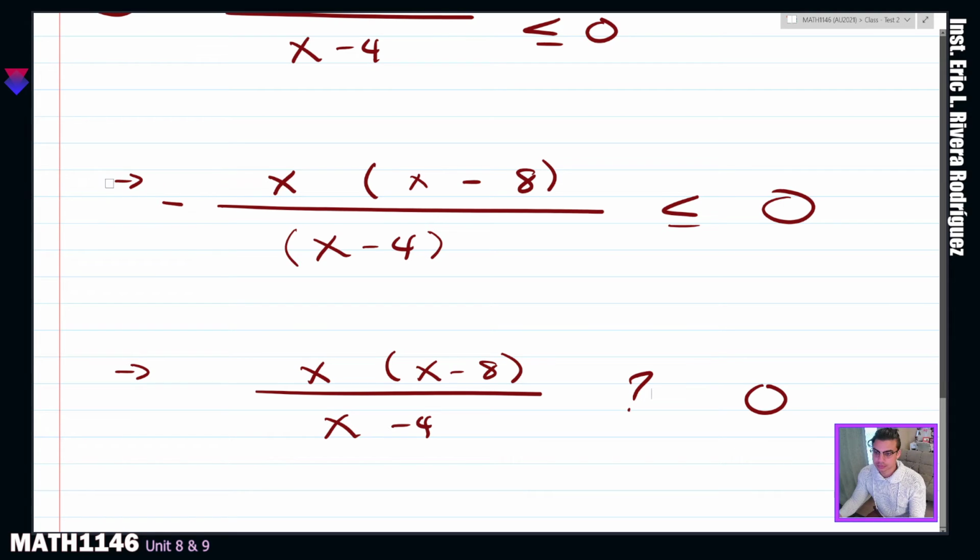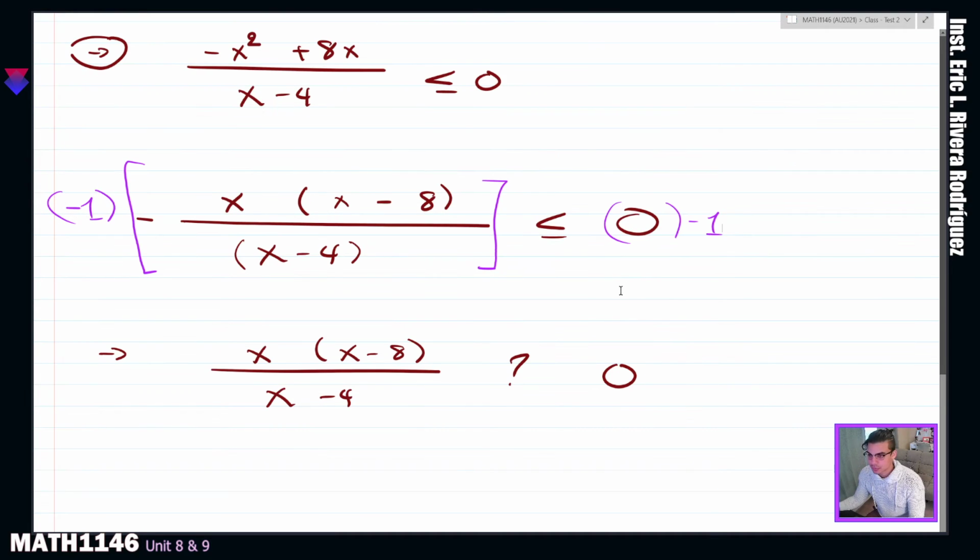What I'm doing here is multiplying everything by -1, and this 0 is going to be 0, but I'm multiplying this also by -1. What happens to the sign? It flips. Yes, that's correct. So now the sign is greater than or equal to 0.